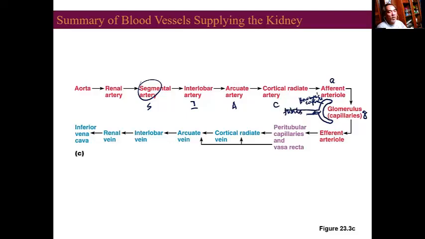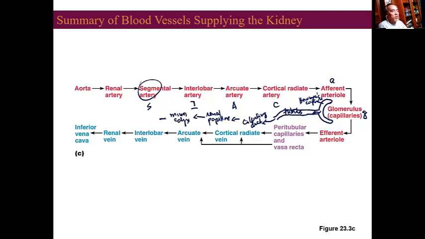Okay. And then from the tubules, you're going to have a lot of these tubules that will collect into a common duct called the collecting duct. And then from the collecting duct, it goes into the renal papillae. And then from the renal papillae, it goes to the minor calyx.